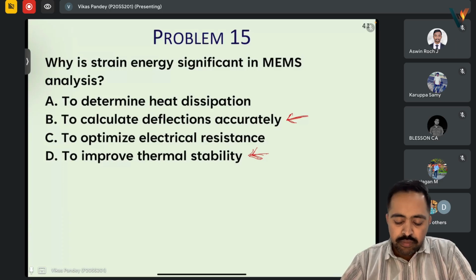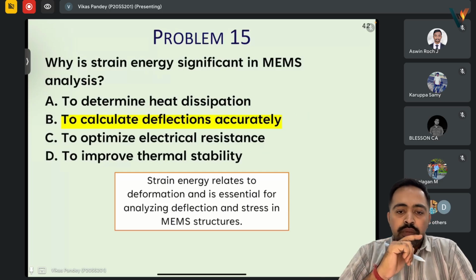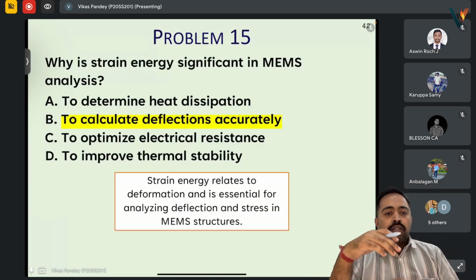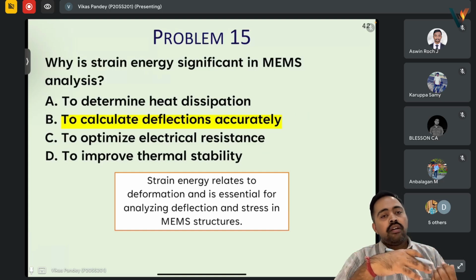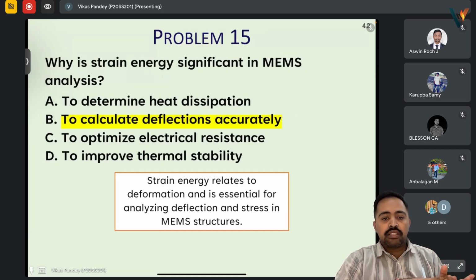There is some energy, right? So this energy is related to deformation. That means how much deformation will happen due to this strain, and that is essential to determine the deflection and stress in the MEMS structure.